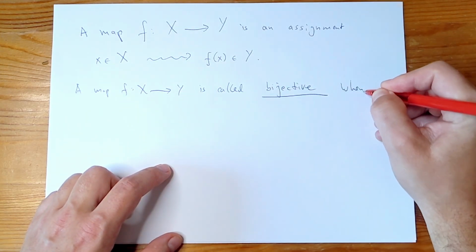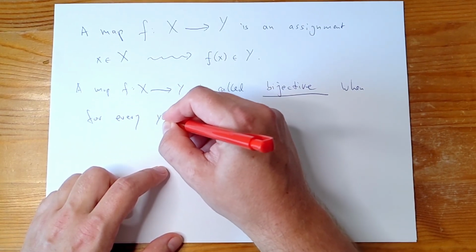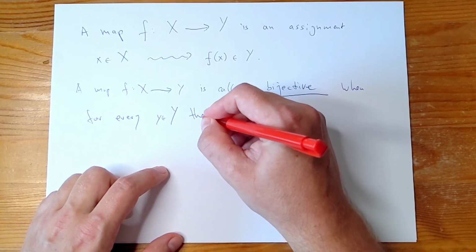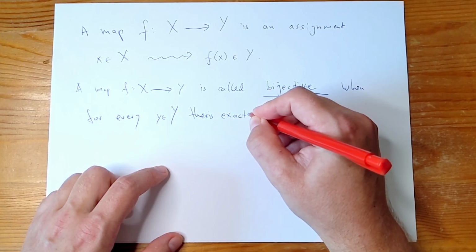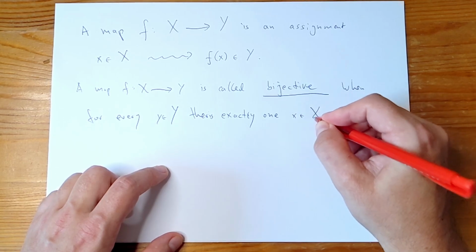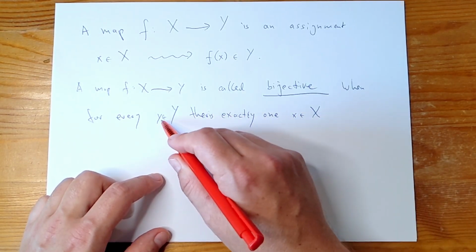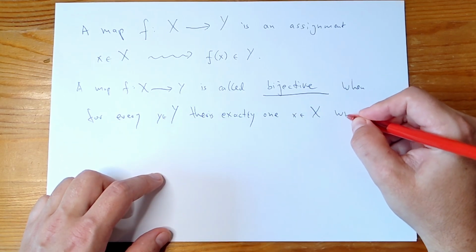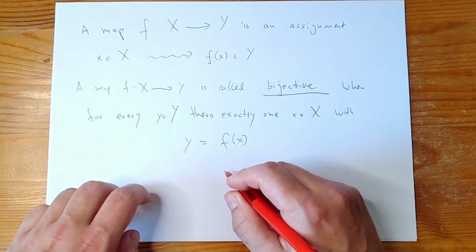When for every element y there is exactly one element x, so that x is mapped to y, with y equals f of x.